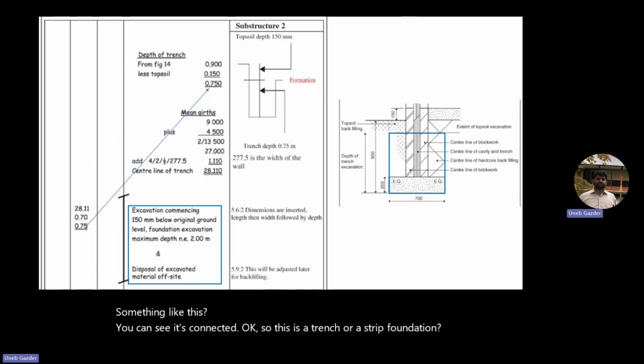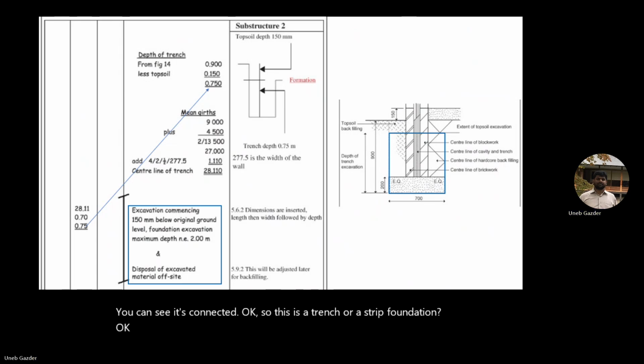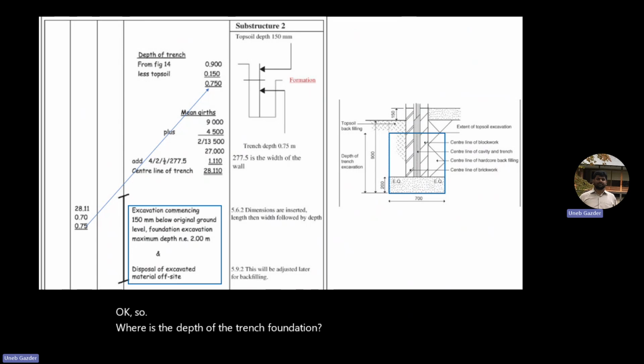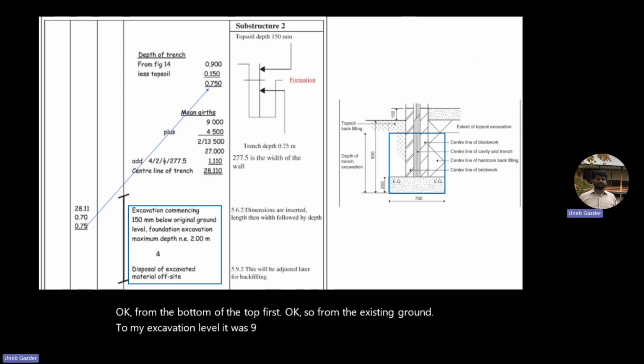Okay, so where is the depth of the trench foundation? We calculated from the bottom of the topsoil. Okay, from the bottom of the topsoil. Okay, so from the existing ground to my excavation level, it was 900 millimeters from the existing one. From the existing one, I subtracted 150 millimeters of topsoil, right?